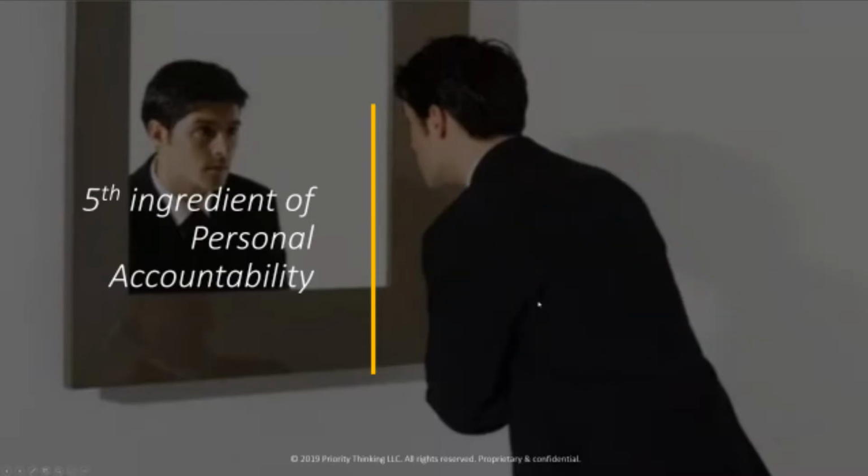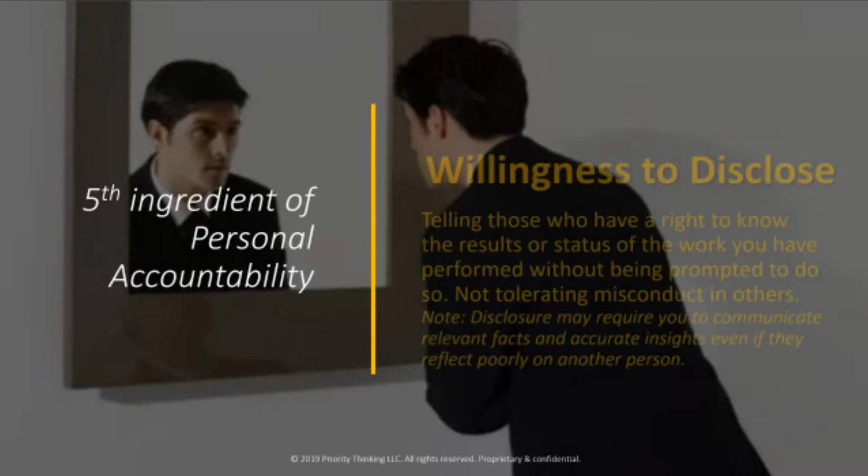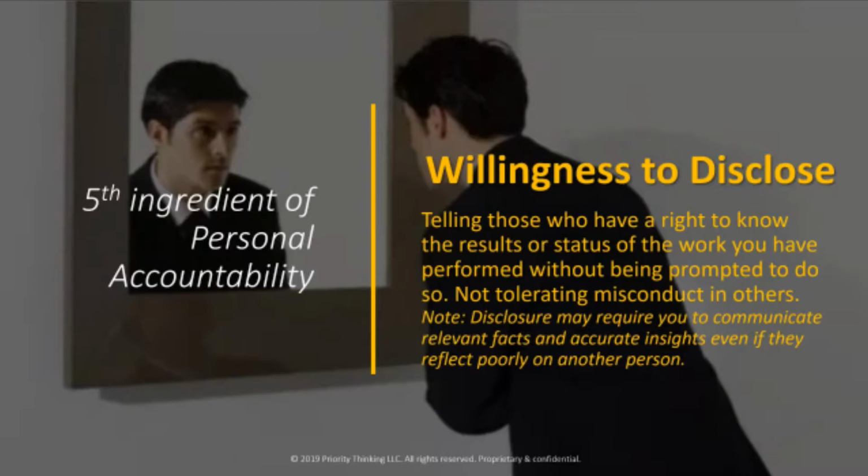And then finally, the fifth ingredient of personal accountability, and this is the hardest one, is a willingness to disclose. What I like to tell people about this is highly mature, professional people are willing to tell their superiors and their colleagues the status of something or how things are going without being told to do it.